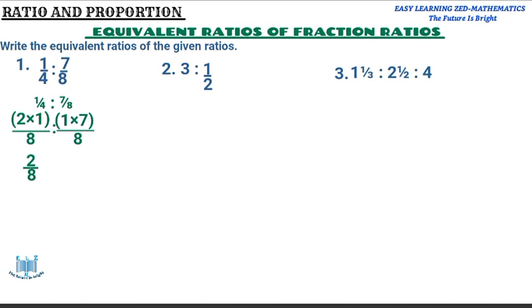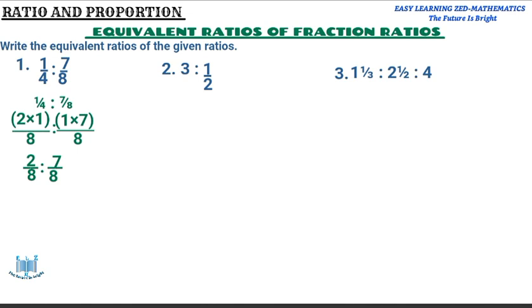Then I'm going to say 2, then 1 times 7 will give us 7, then over 8, the same 8, which is the denominator there. Once I've done that, the next thing I'm going to do is ignore the denominators. Then I'll pick the numerators to form the ratio.